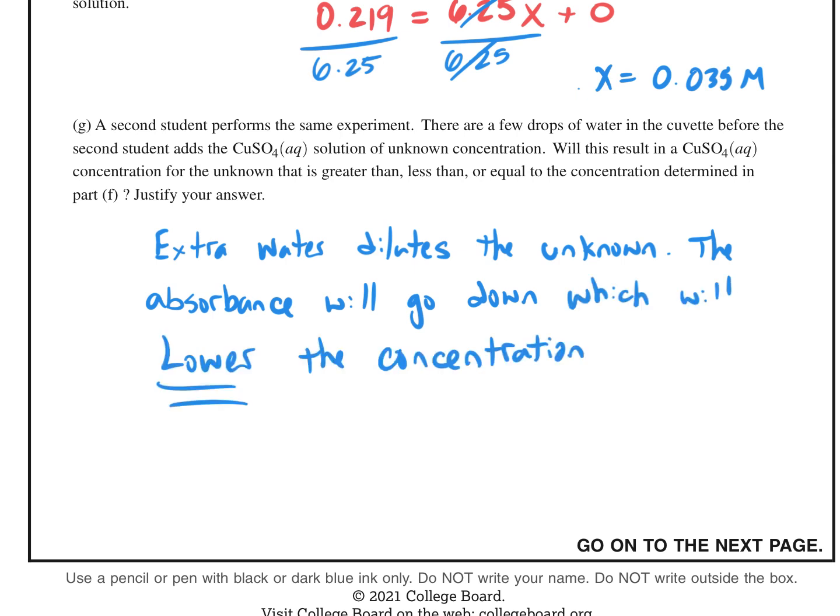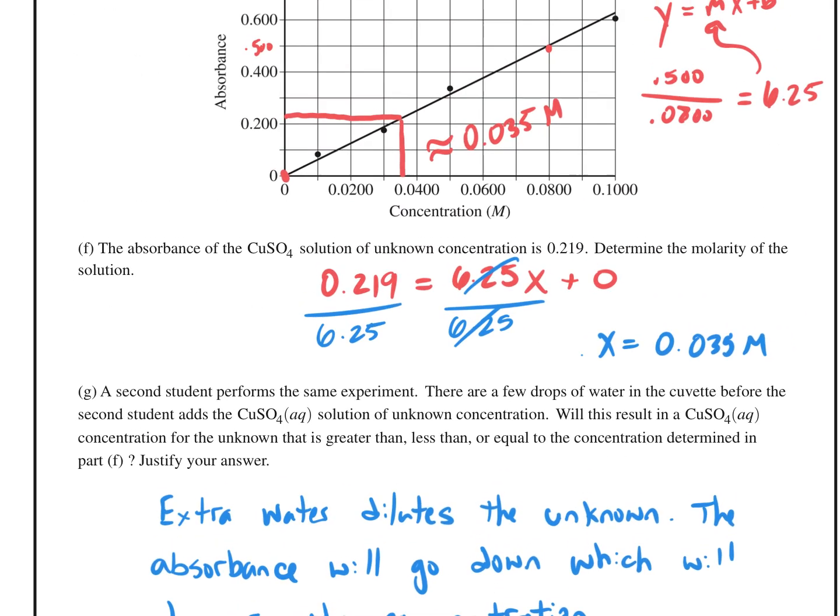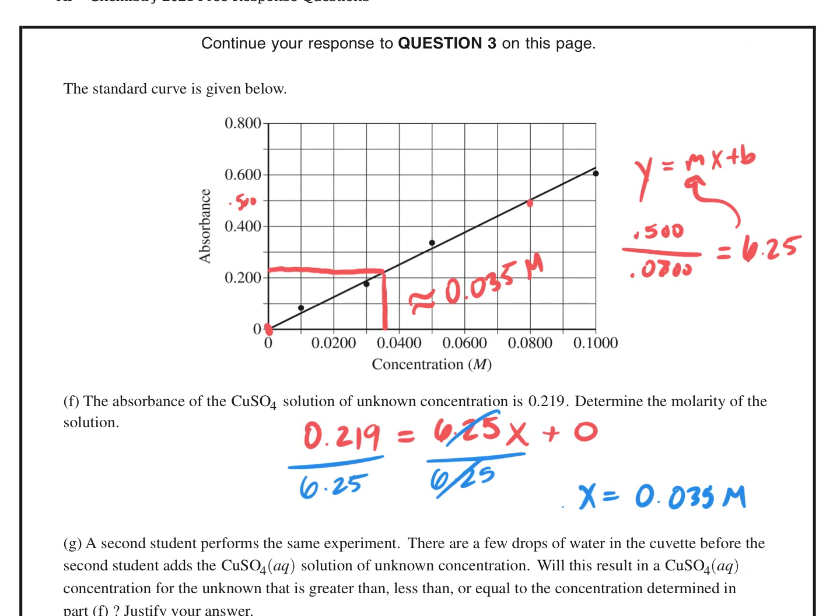I've seen questions like this on the AP test and some practice AP tests in the last couple of years. And usually it is asking you about some of the data points on the standard curve. For example, this one is slightly above the line, and they'll ask you to account for why this data point is slightly above the line.